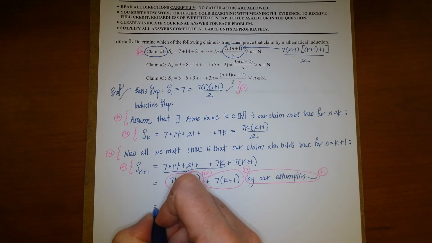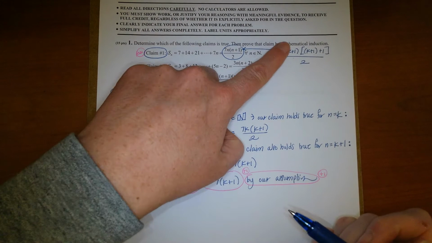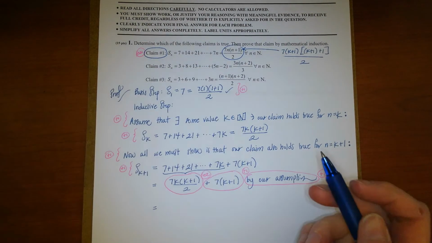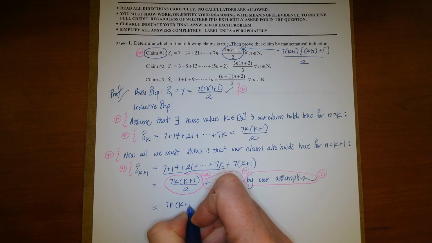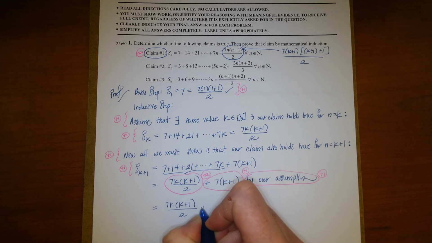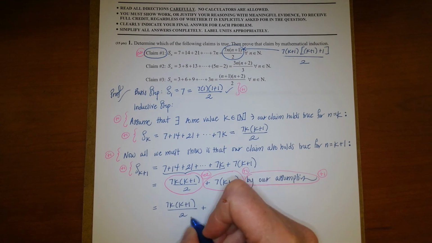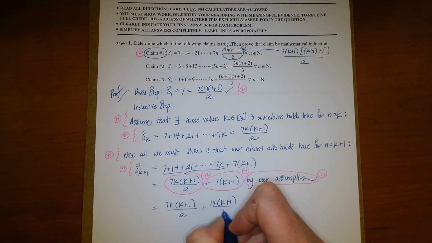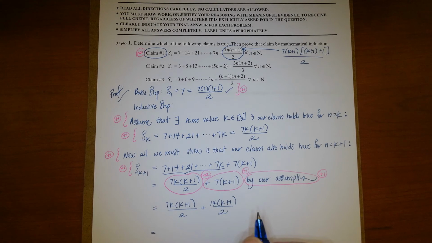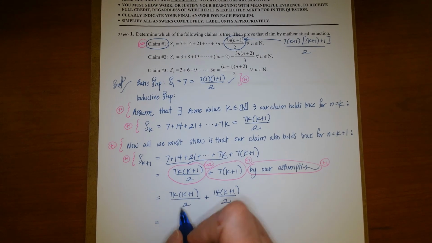Okay, now it's just a matter of using factoring techniques to show that you could factor it down to equal this. So there are different ways that this part could look, but here's a standard one where you just get a common denominator at first. And then you could add fractions together and factor out the common factor on the top. The greatest common factor would be 7 and k plus 1.